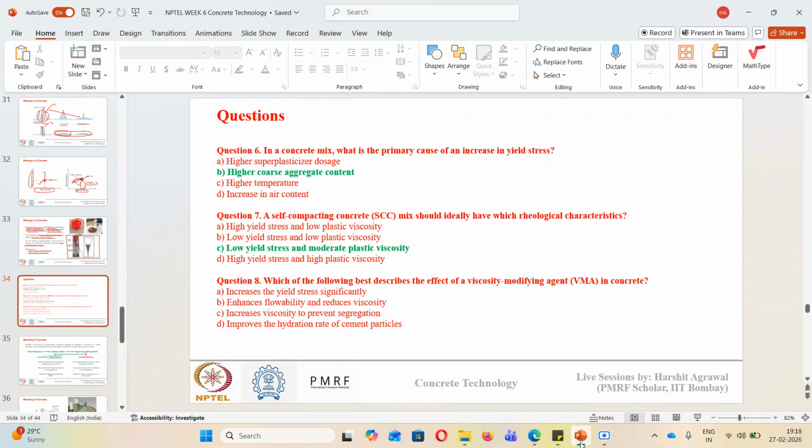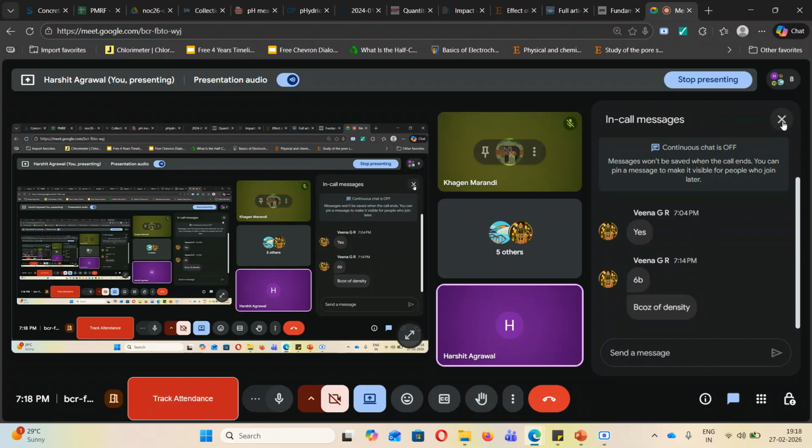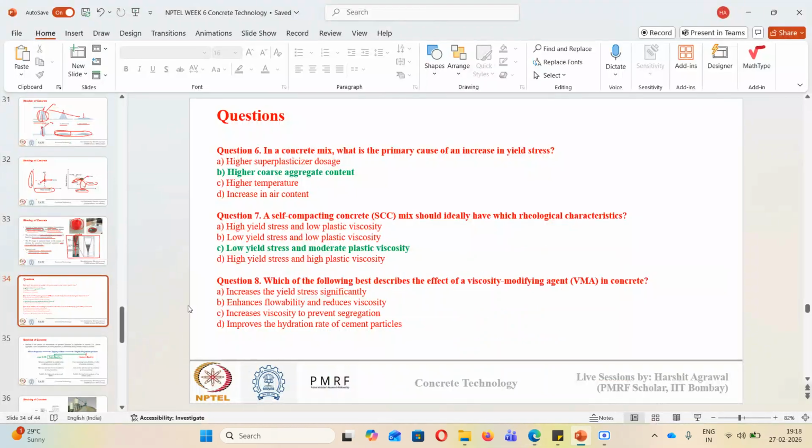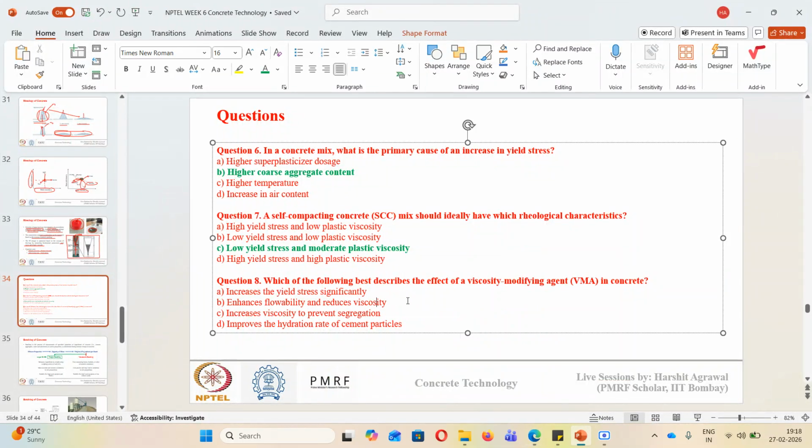Any guesses? B, sir. No, B is not the right answer. Just think about what is the role of a viscosity modifying admixture. Okay, since you don't know much about a viscosity modifying admixture, I will tell you the answer right now. The correct answer is C.